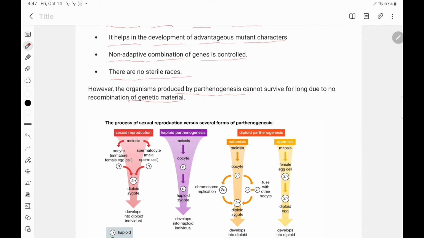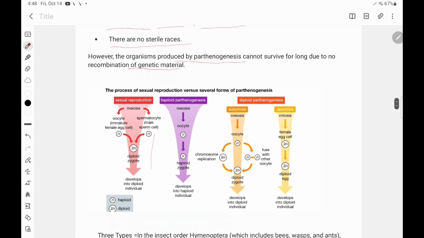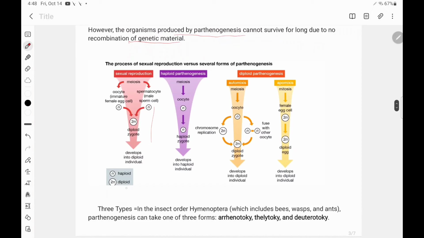Sexual reproduction proceeds through meiosis, oocytes, and eggs, which form a diploid developed individual. In haploid parthenogenesis, meiosis occurs, the oocytes form haploid eggs, which develop into haploid individuals.